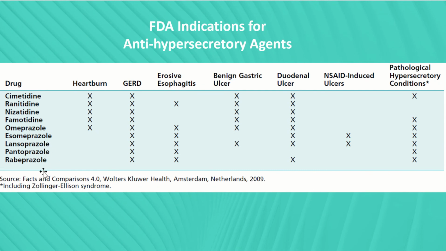And your prazoles are your PPIs, and several indications for heartburn, GERD, various ulcers, etc. So these are the drugs that are generally prescribed for these ulcers or GERD or heartburn, etc.